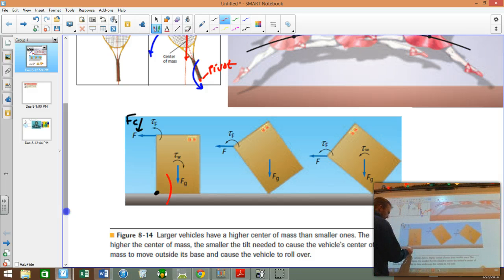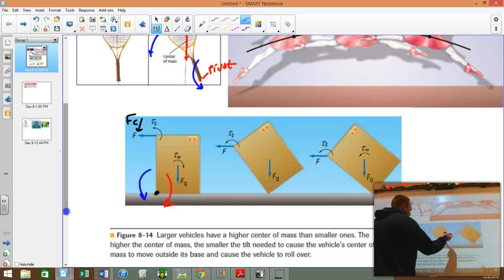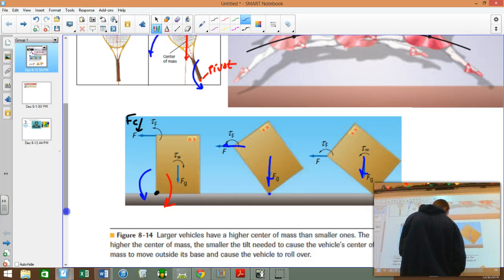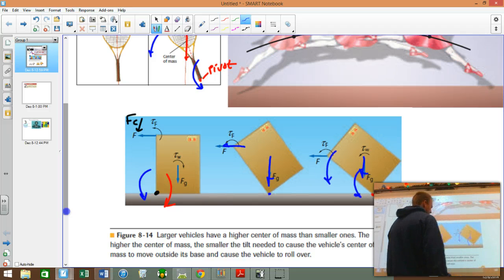You've got gravity wanting to crank it this way, and then you've got this centripetal force pulling it this way, competing with it, and depending upon who wins, that dictates stability. Once you get it to this point right here, if gravity is directly above this, now this is going to win. And once this gets past the base right here, this being the pivot, now they're both working against it, to tip this box, and this box is going over.